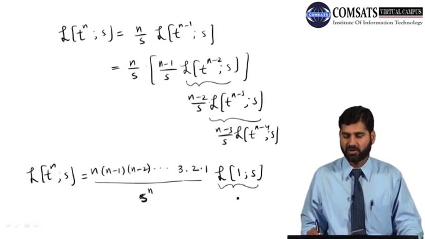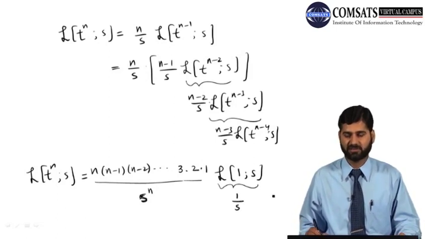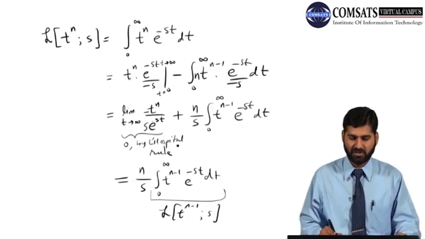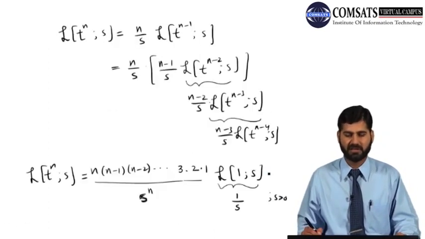And we just proved a few slides back that the Laplace transform of 1 is 1 over s. All right. So s is positive, we know that. And we know this from the beginning here as well. This is 0 by L'Hopital's rule, and when s is positive. So it's already true for s positive. All right.